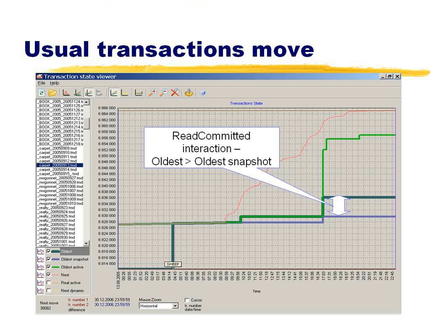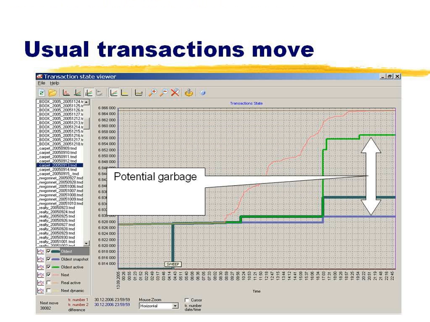So when you see the difference between the dark green and blue line, it's bad too. And here is potential garbage.